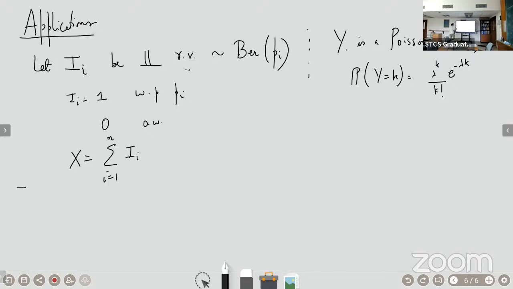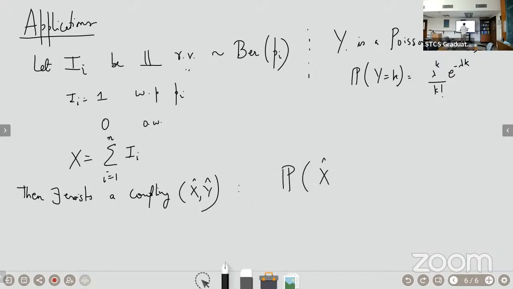Then there exists a coupling X hat, Y hat. I'm not going to write again, of X and Y. It's meaning automatically. X has been defined, Y has been defined, so X and Y means the respective ones. Such that the probability that X hat not equal to Y hat is less than the bound on the board.